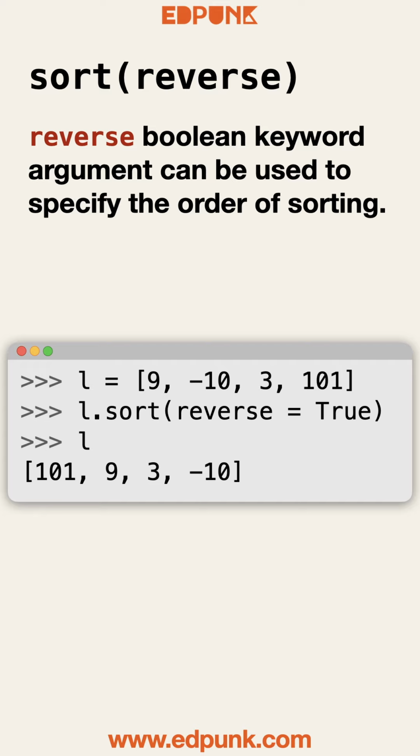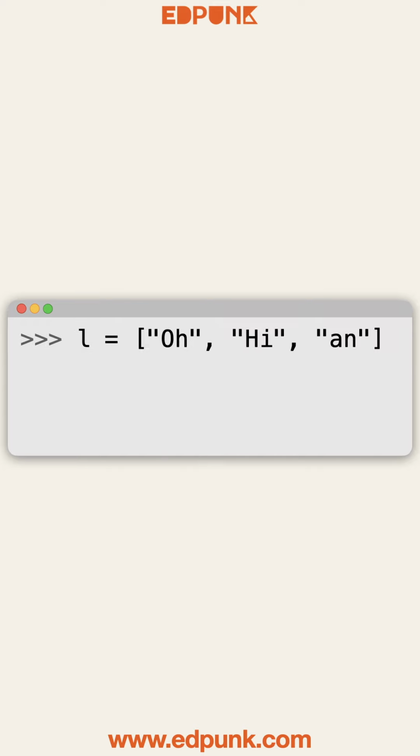Before demonstrating the next feature of the sort method, let us take an example. Let us assign a list containing items string O with capital O, string high with capital H and string an with lowercase a to a variable L. Executing L.sort sorts the list of strings in ascending order.